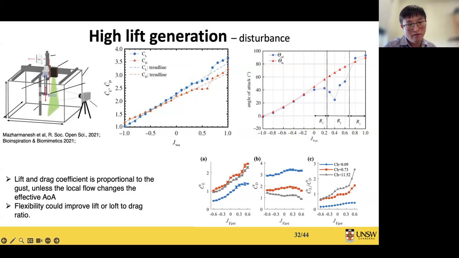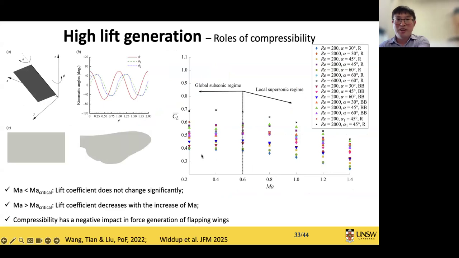And when we introduce flexibility, it could improve the lift or lift to drag ratio, especially for this one and the red one: the medium flexibility has a high lift, and for higher flexibility we have a higher CL to CD ratio. That's the incompressible aerodynamics part.